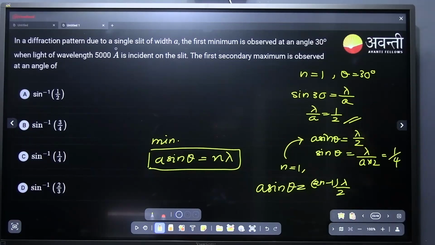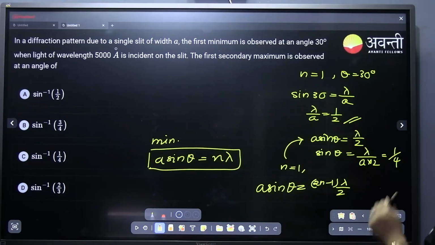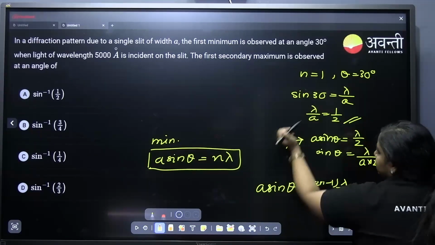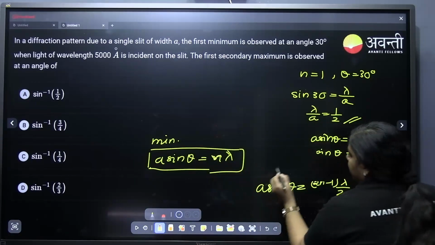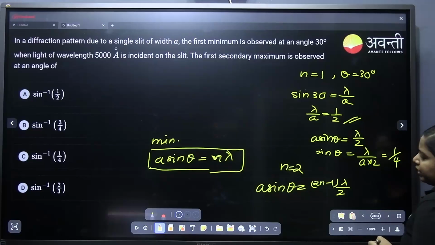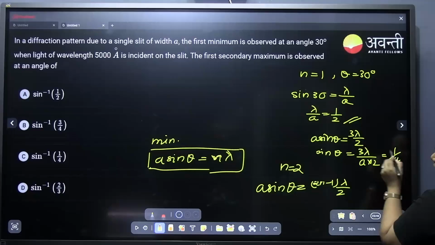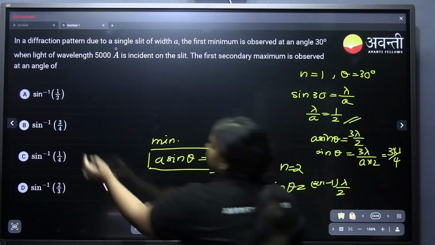Okay, I guess we have to find for n equal to 2 for the secondary maximum, right? n equal to 2 we have to find. So 4 minus 1 is 3, 3 lambda by 2, so 3 by 4. Okay, so the answer is sin inverse 3 by 4.